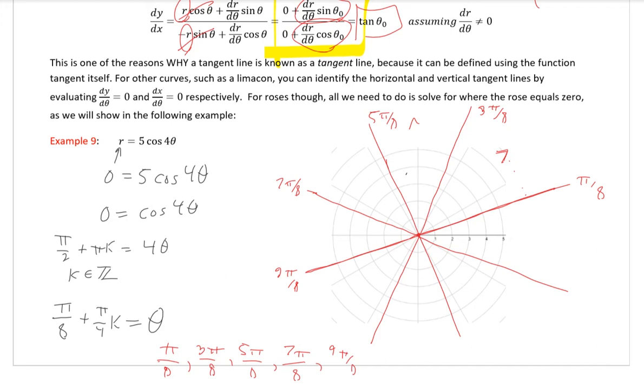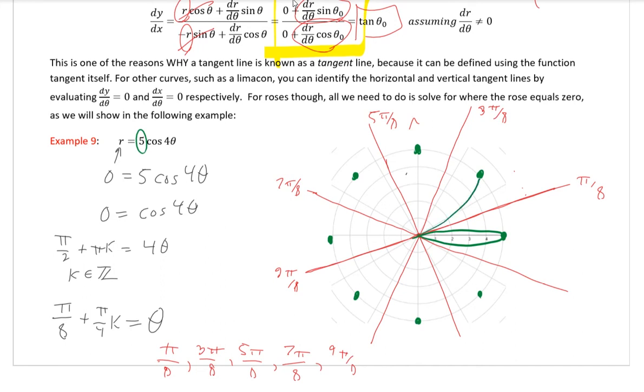So we have all of our tangent lines in place, and all we're going to do to graph this is put our petals in between. Since the radius is 5, I know that each petal goes a distance of 5, so 5 there. There should be a petal in the middle there, a petal here, here, here, here, and here. So it's going to look like that.